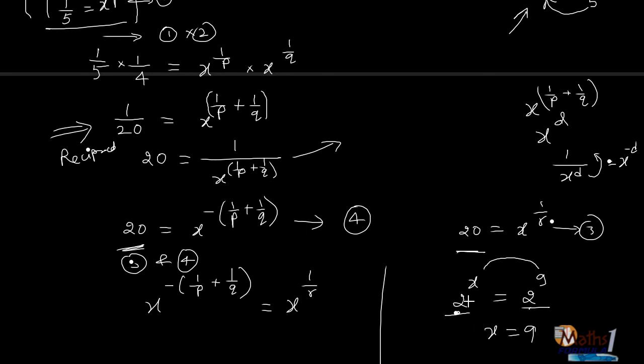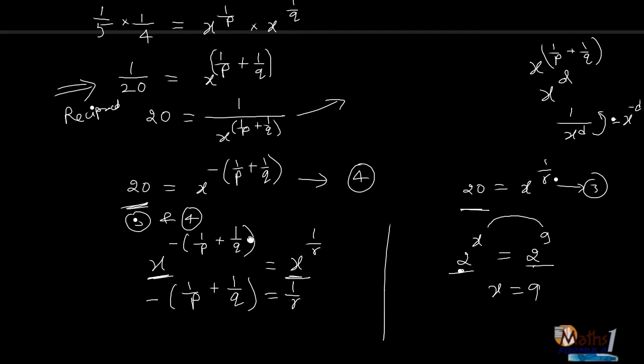Sometimes I have seen that some of them cancel 2 and 2, but they don't get cancelled, because it's not any cross multiplication or division. So base is same, one term on each side, then I can equate the powers, x equals 9. So base is same, I can equate minus of 1 by p plus 1 by q equals 1 by r. Understand that, very important.